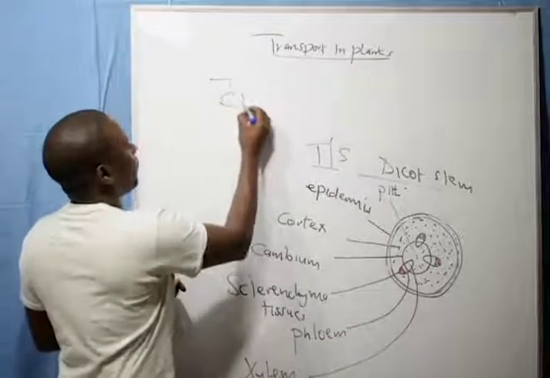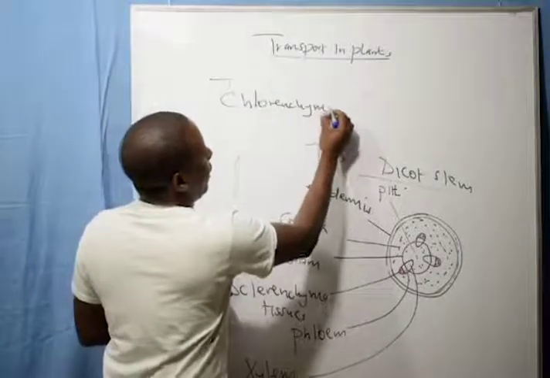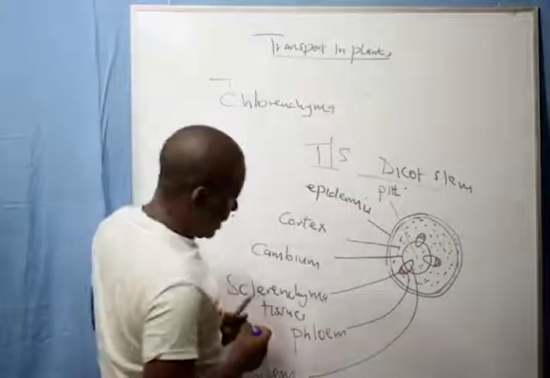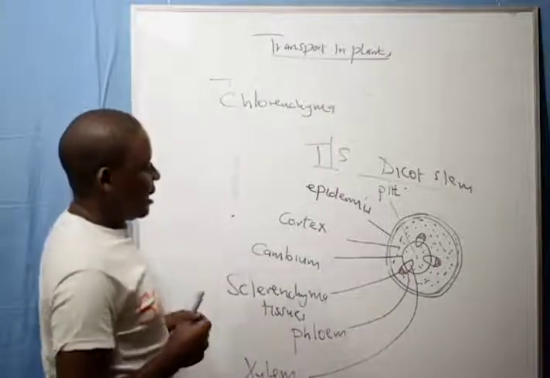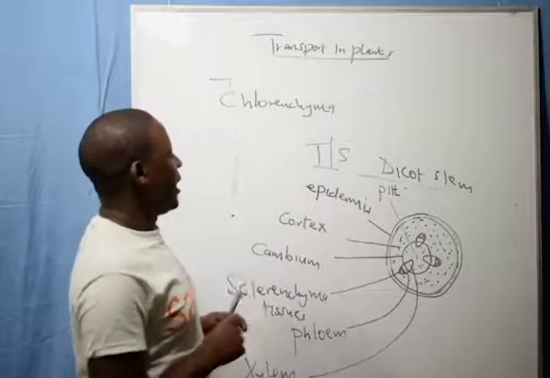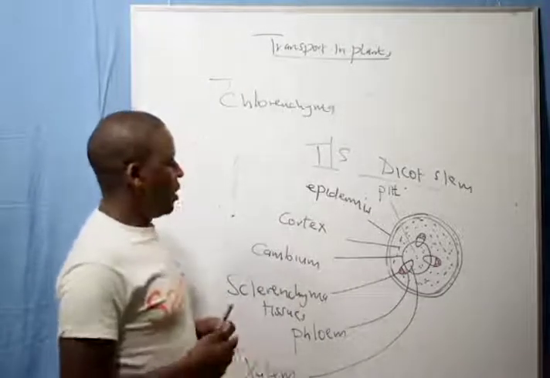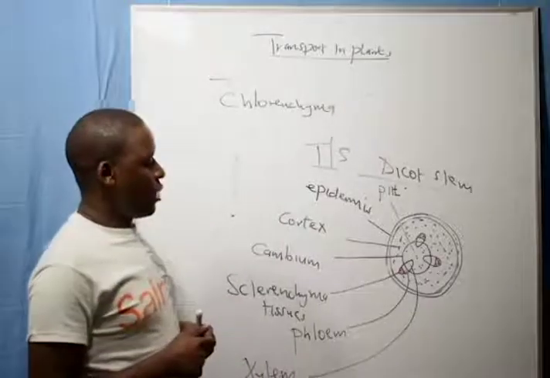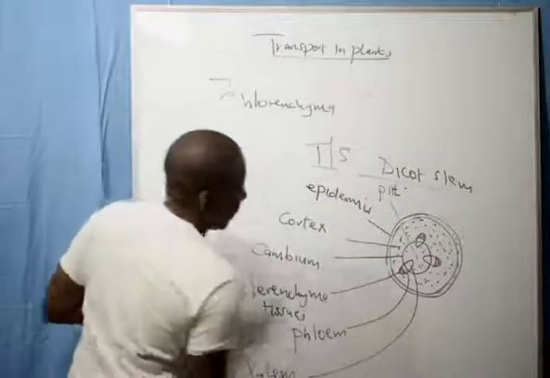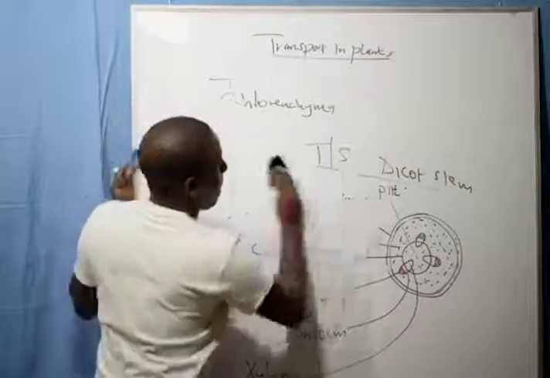Chlorenchyma are the cortex cells which are green and can manufacture food. This happens especially in young stems, which turn green and help in manufacture of food. Therefore, this is the structure of a TS of a dicot stem.